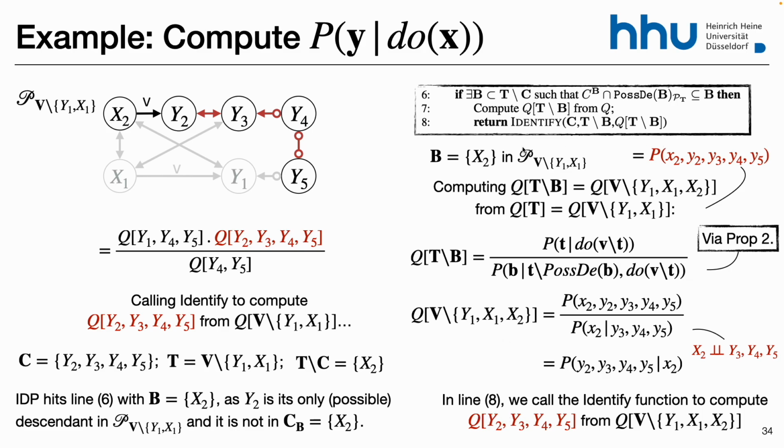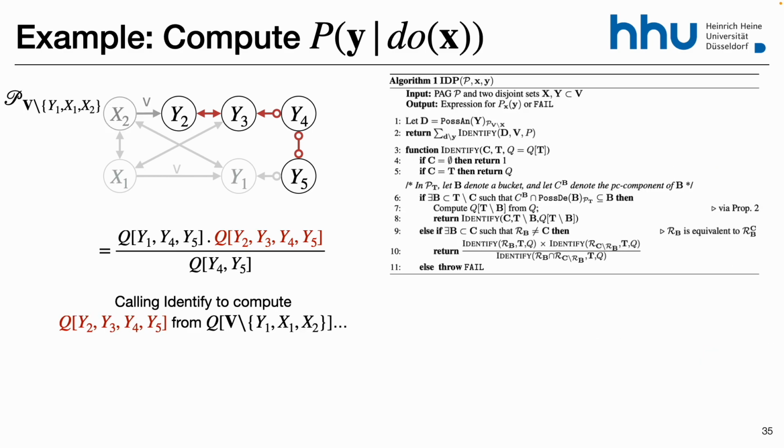Now we call the identify function with the same C, now with this new probability that we have available, and it's getting to the end. Don't worry. So that's the last part. We compute the same Q of C now from this new distribution, and this is my C, this is my T, and the T minus C is the empty set now.